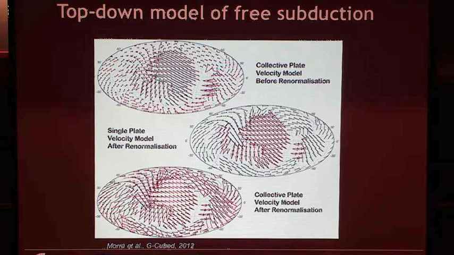That's amazing, because it says the plate motions on the surface are predominantly described by sinking slabs attached to plates. Okay, so there are no continents in there? There are no continents.